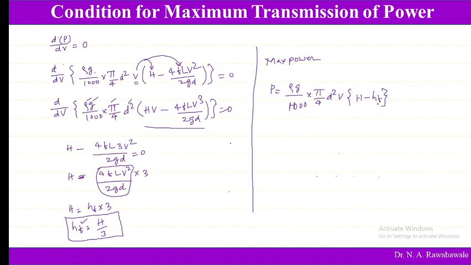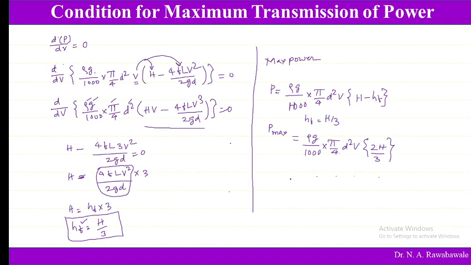So now substituting hf is equal to h by 3, so maximum power, substituting hf is equal to h by 3 in the above equation, we can write this as maximum power is equal to rho g divided by 1000 into pi by 4 d square v into (h minus h by 3), which is 2h by 3, or 2 by 3 h.